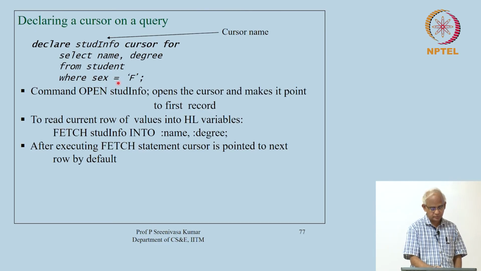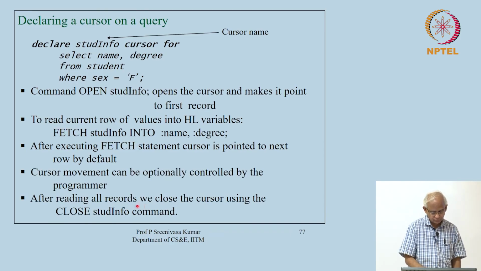The fetch command is actually much more complex than what I have shown you here. It can optionally have other parts where you say that after doing this you jump to the fifth row or something, if you really need it. So, you can control the cursor as to where it goes. It can be optionally controlled by the programmer.